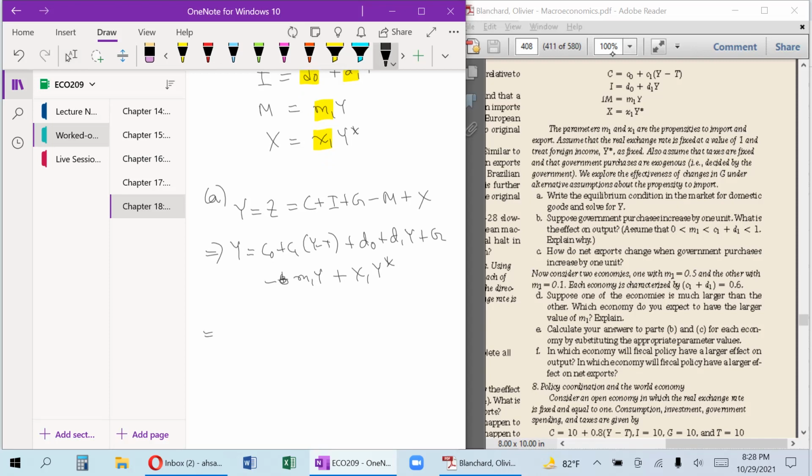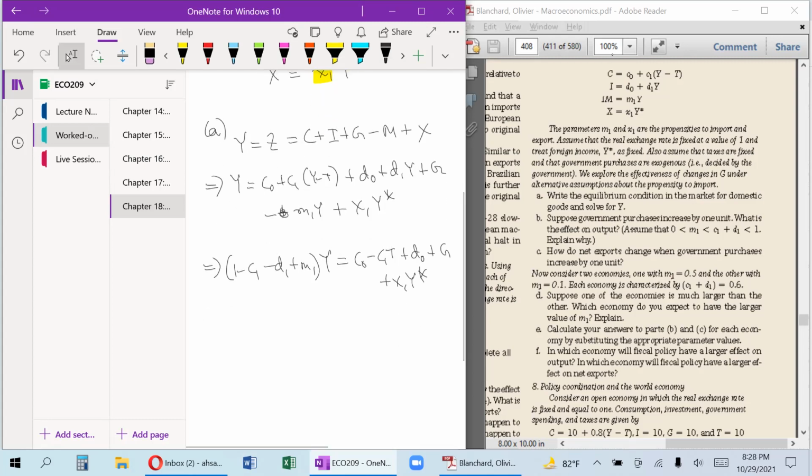Once we've simplified all of this, what we get is (1 minus C1 minus D1 plus M1) times Y, which is equal to C0 minus C1 T plus D0 plus G plus X1 Y star, right?